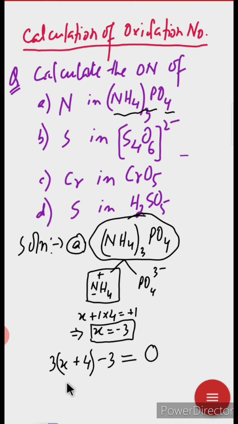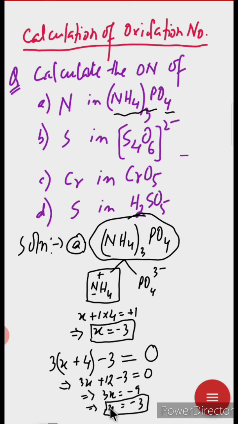So we will get 3X plus 12 minus 3 is equal to 0, so 3X is equal to -9. This implies X will be -3. In this way also we can solve the oxidation number of nitrogen as -3.